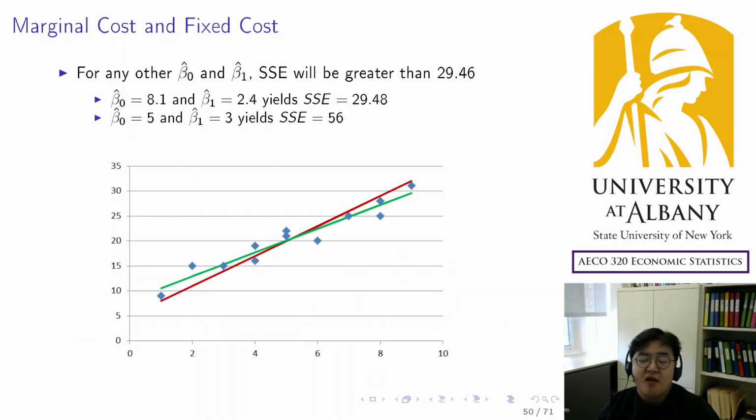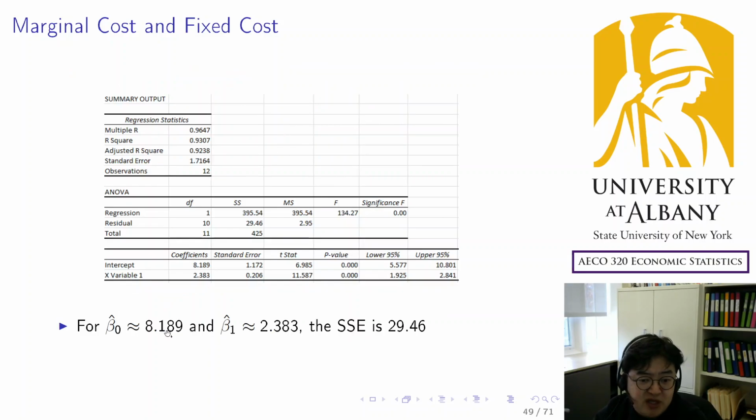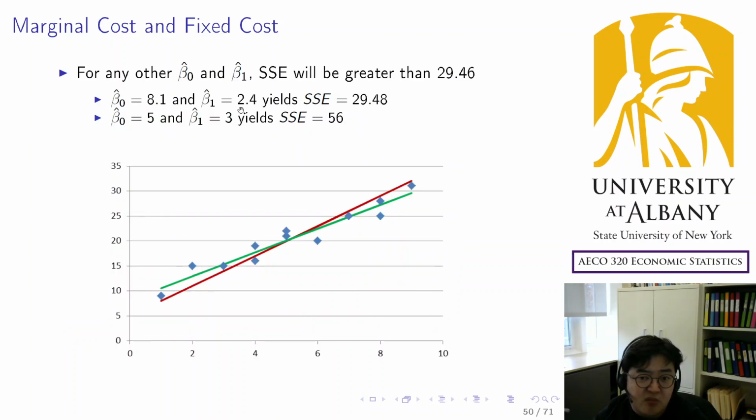So, by the way, as an example, the green line is the trend line that we used so far. But for example, you may think like something like this. Slightly change the numbers. Say, slightly change beta 0 to 8.1 and beta 1 to 2.4. I mean, the optimal is 8.189 and 2.383, but let me try slightly different numbers.